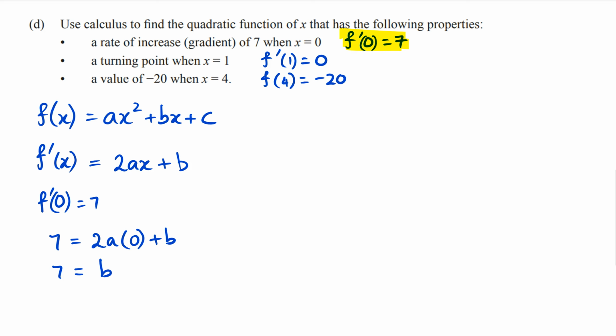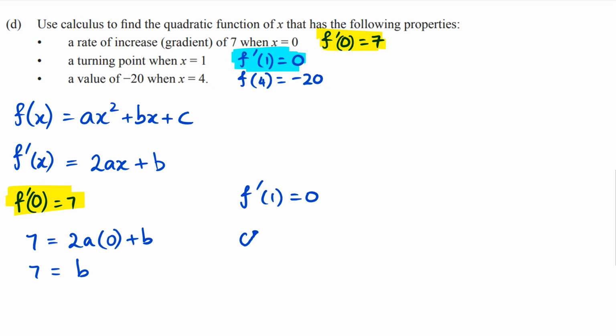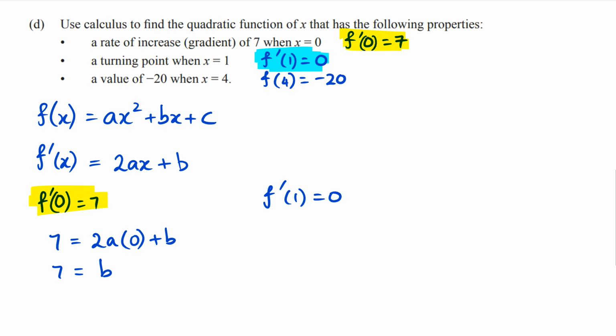The next stage is I am going to use the second bullet point, which is f dash of 1 is equal to 0. So then I've got 0 is equal to 2a times 1 plus b, but b is 7.